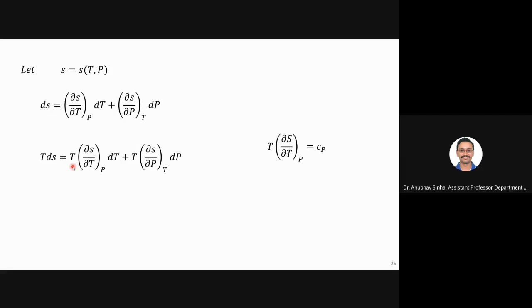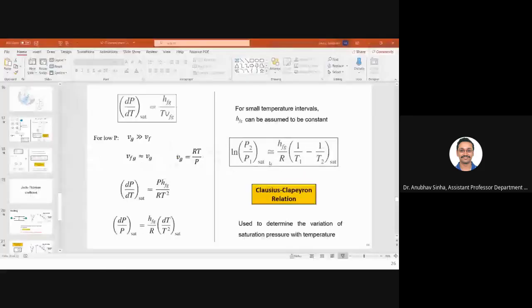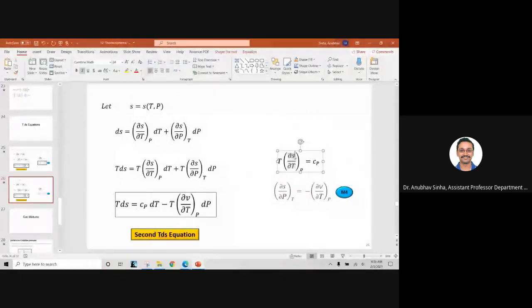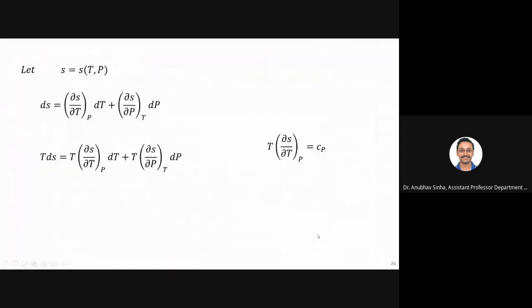There's one small mistake here, it has to be small s. If you look closely, this term T(∂s/∂T) can be equated to Cp, and from Maxwell's fourth relation, we see that (∂S/∂P) is equal to minus (∂V/∂T). This is a direct result from Maxwell's relations, so we substitute these two here.